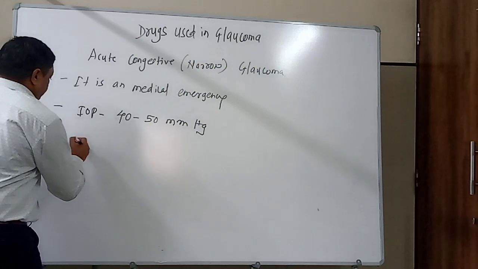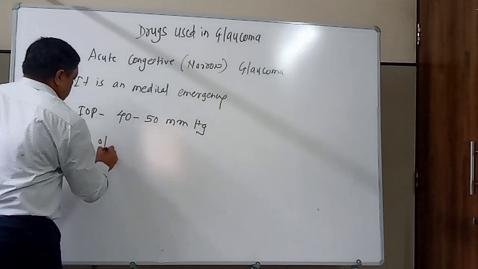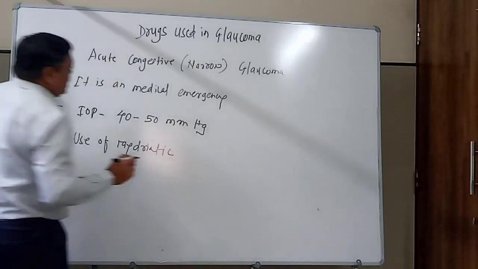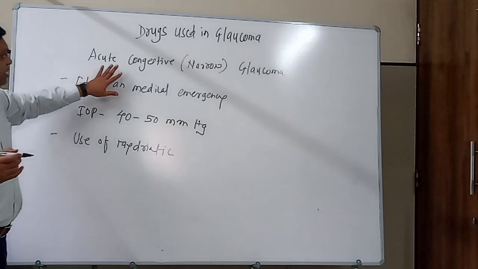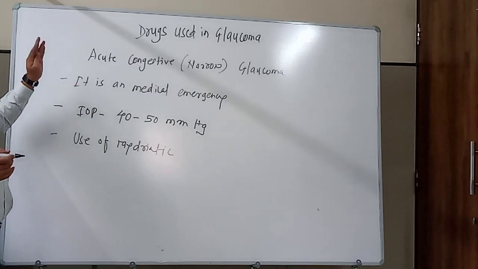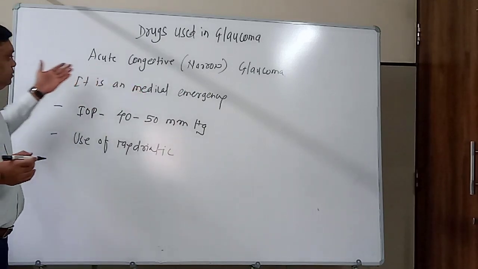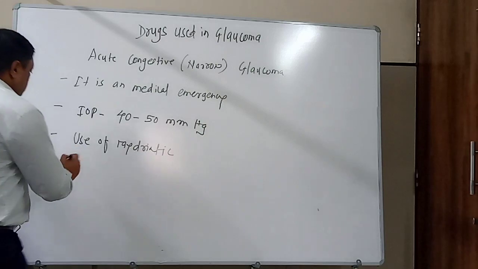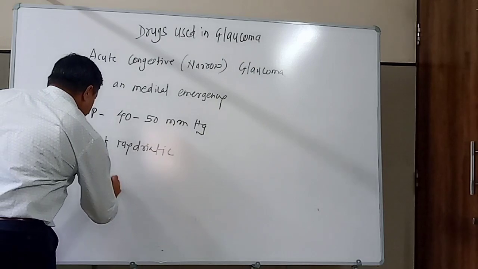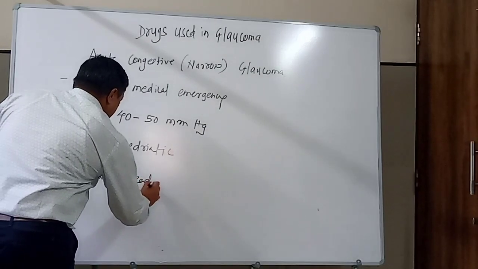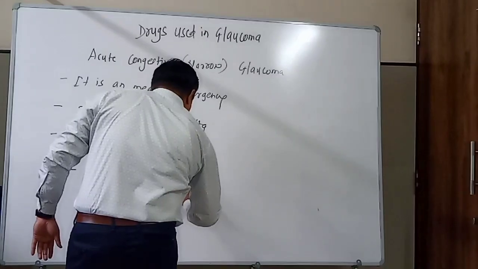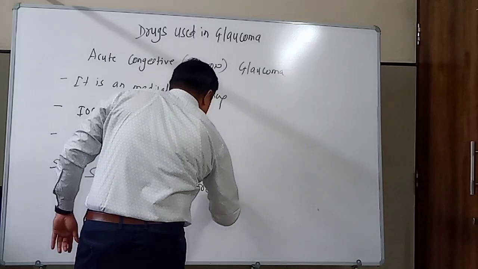It is usually precipitated by use of mydriatics. Before the attack the patient is normal, but as soon as the attack is precipitated, the clinical signs and symptoms are severe headache and redness of the eye.